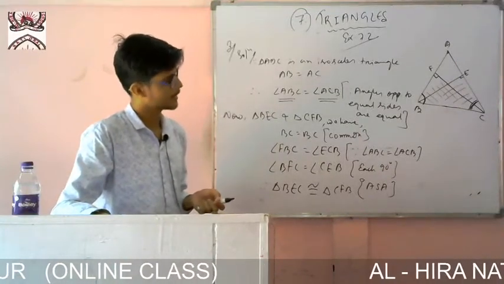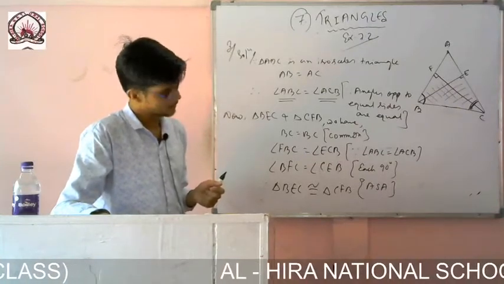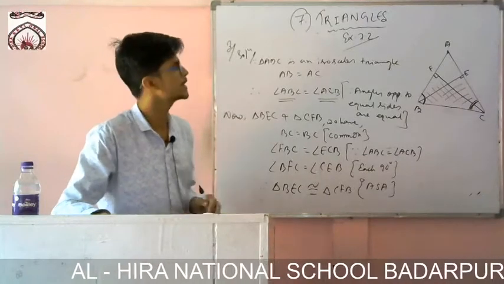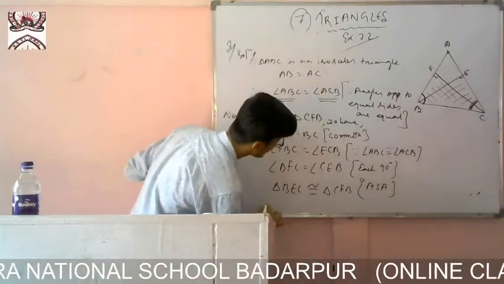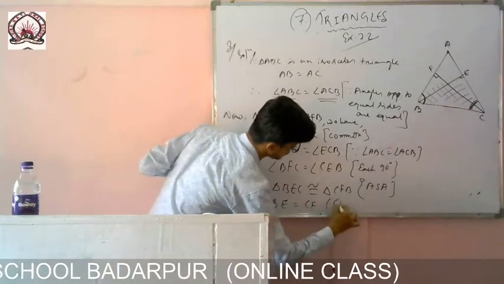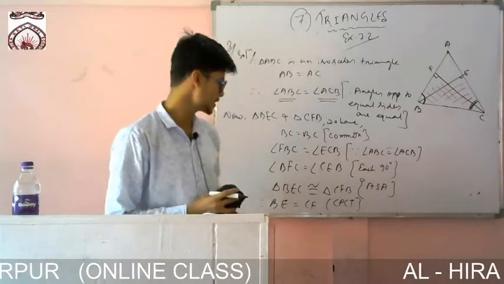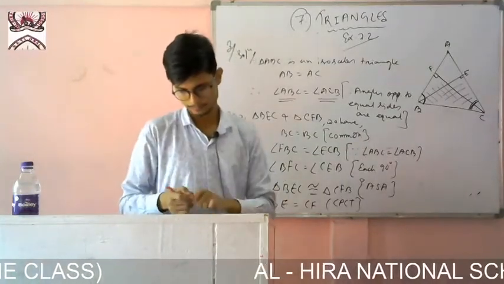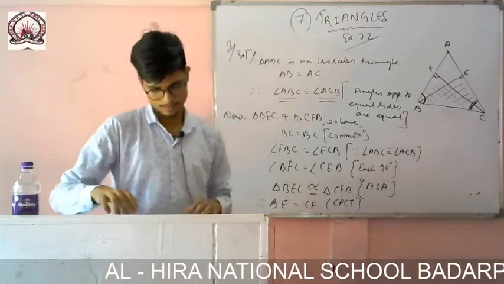The question is to prove that the altitudes are equal, that means BE equals CF. Therefore BE is equal to CF, and the reason is CPCT, corresponding parts of congruent triangles.